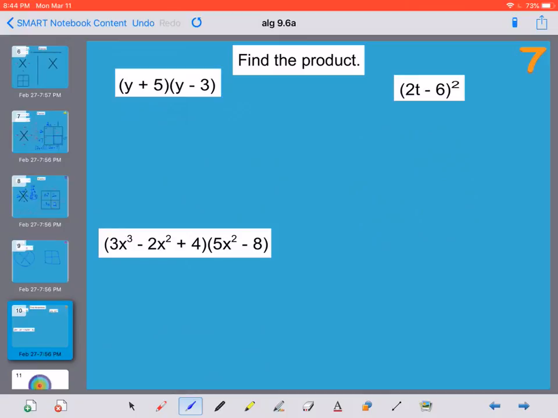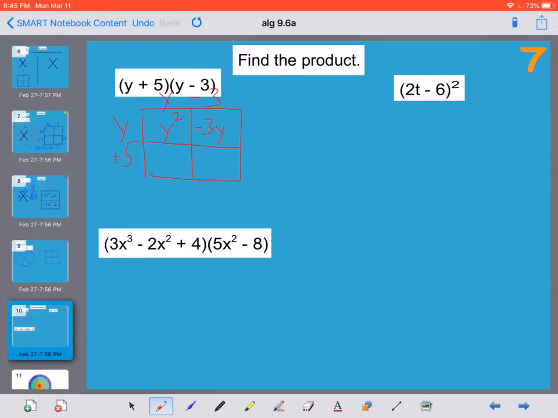Alright, we're going to do a little review since we're getting to the end of the chapter. So what we are going to do here is we're multiplying binomials. So I see 2 terms on each, so I'm going to draw a 4 box, or a 2 by 2 box. So I'll have y plus 5 and y minus 3. Y times y is going to give me y squared. y times negative 3, negative 3y.